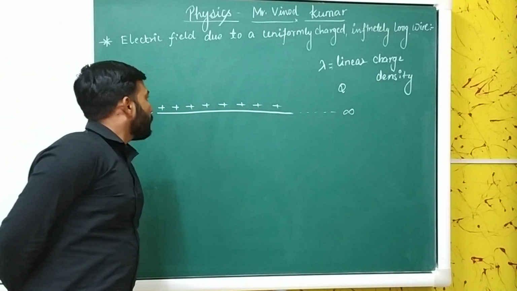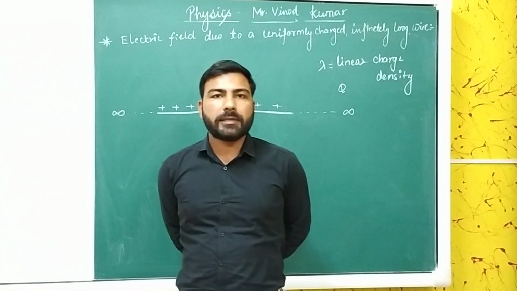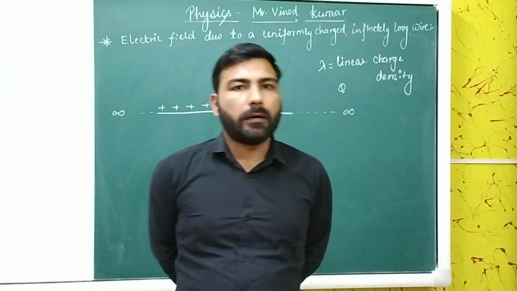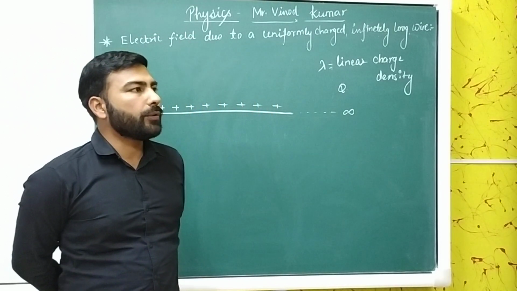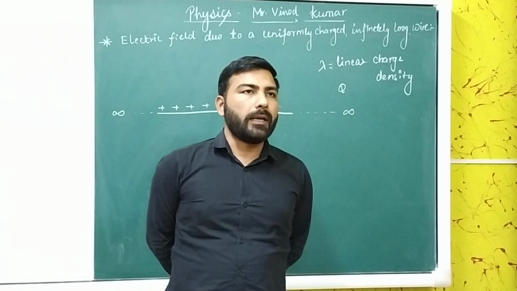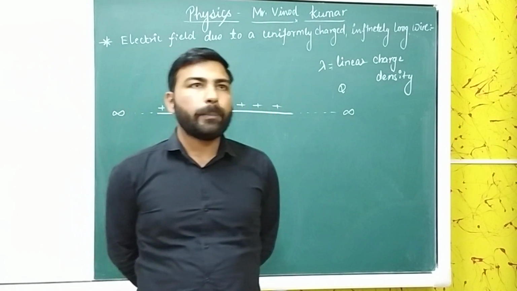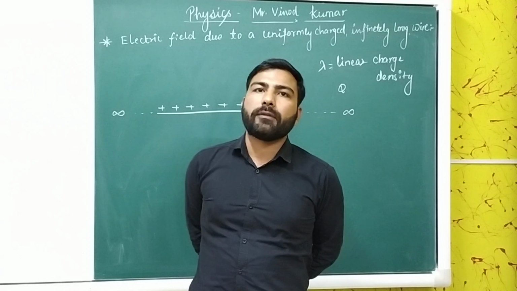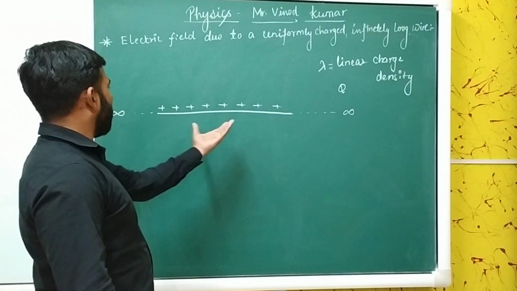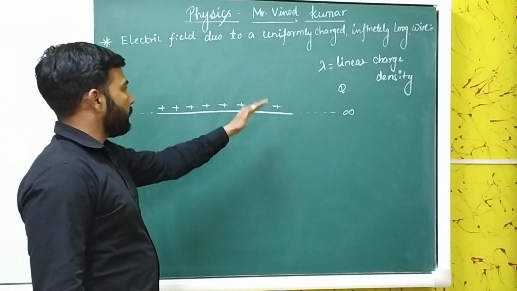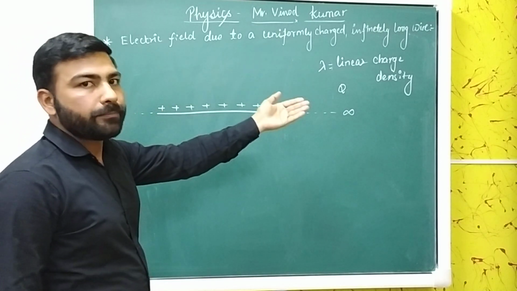There are many methods to find the electric field due to this uniformly charged straight wire. But in this case, we are going to study the application of Gauss law, in which we find the electric field of symmetrical objects. This wire is a symmetrical object in which the plus charge is accumulated.